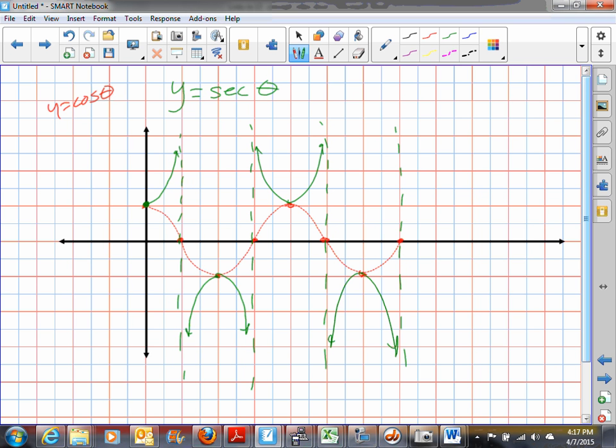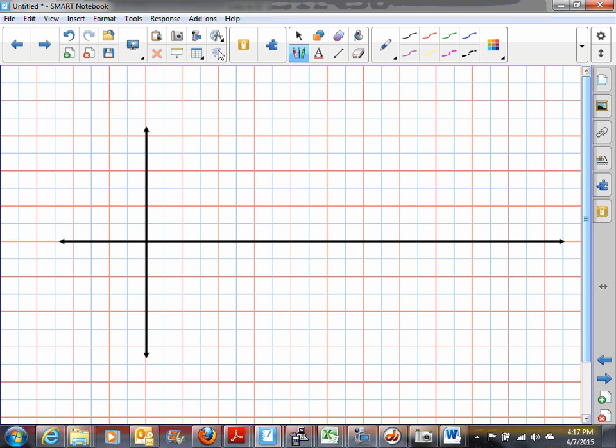All right, one more to do, the cotangent. The cotangent is the reciprocal of the tangent. So if we have y equals tan theta, let's see if we can reproduce that graph. We had 0, 45, 90, 135, 180, 225, 270, 315, 360. Okay.